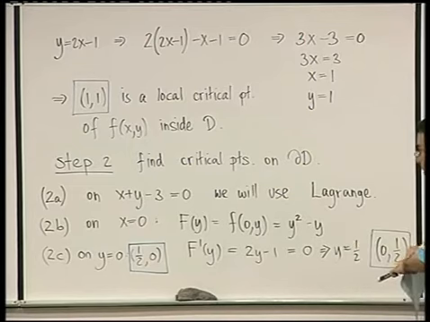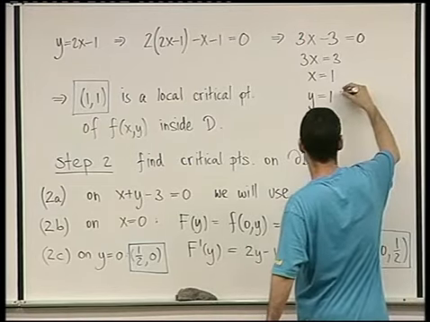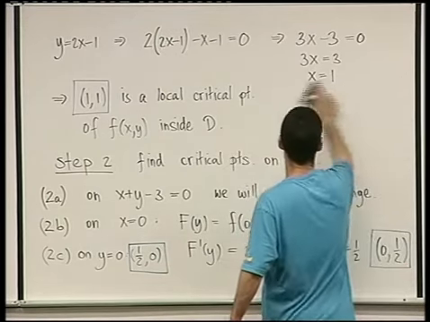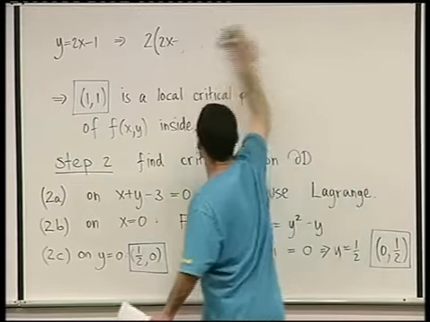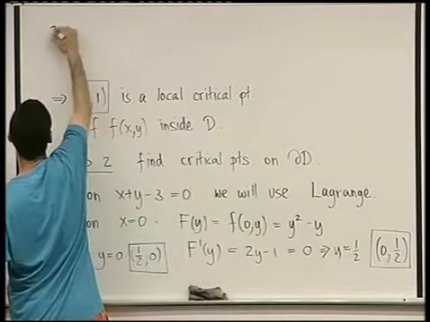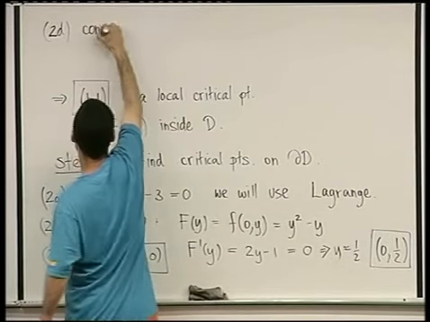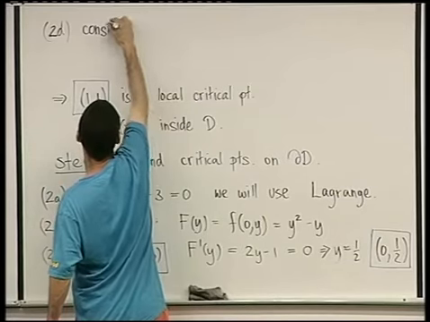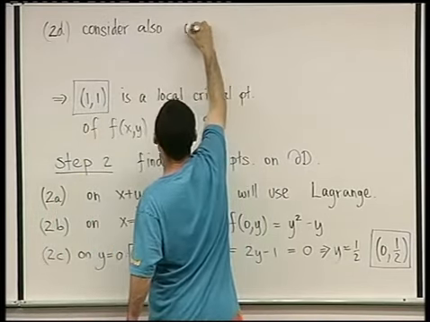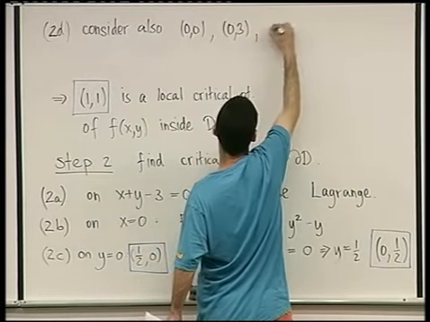Good. Okay, so let's call it 2D. Consider also the 3 endpoints, (0, 0), (0, 3), and (3, 0).